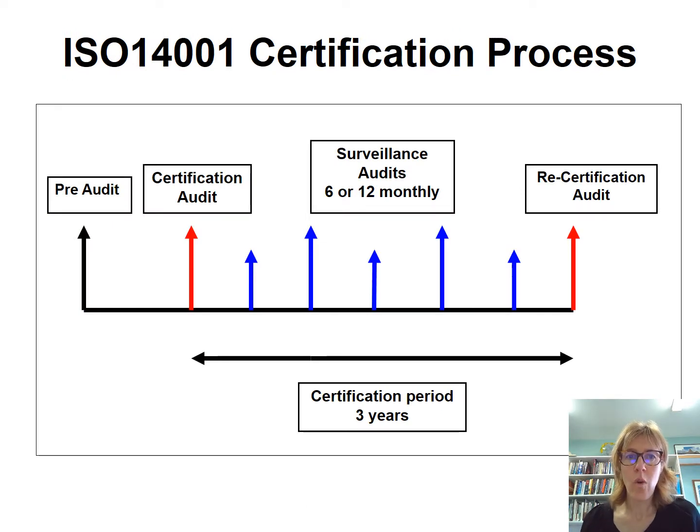So what is it? It's a certification process that shows that you've done this, that you've got an accredited auditor come in, have a look on site. So this is the pre-audit. What do we want? What's the business like? What are we producing? Where are we getting things from? At some point unknown to the company, the auditor will come back. It's important that it's not announced so that the auditor hopefully catches the organisation in just a kind of a routine day and they're not having prepared specially and cleaned up the site for the audit.